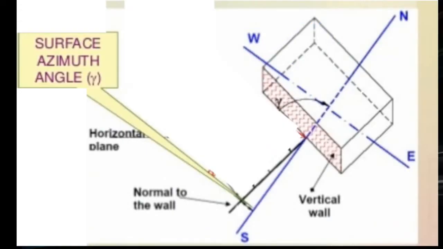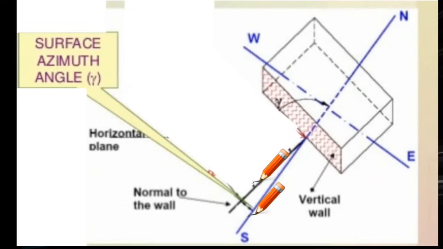In this diagram, we see the normal line to the vertical wall. What is the meaning of normal line to the vertical wall? Here the inclined surface is the vertical wall, and we have to draw the perpendicular line. Normal line means perpendicular line to the vertical wall, and the line due south is also shown. The angle in between them is the surface azimuth angle.